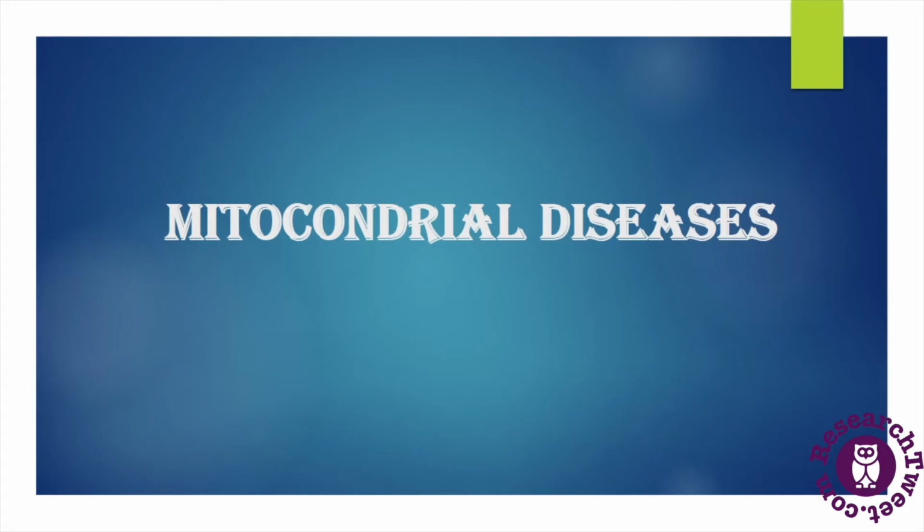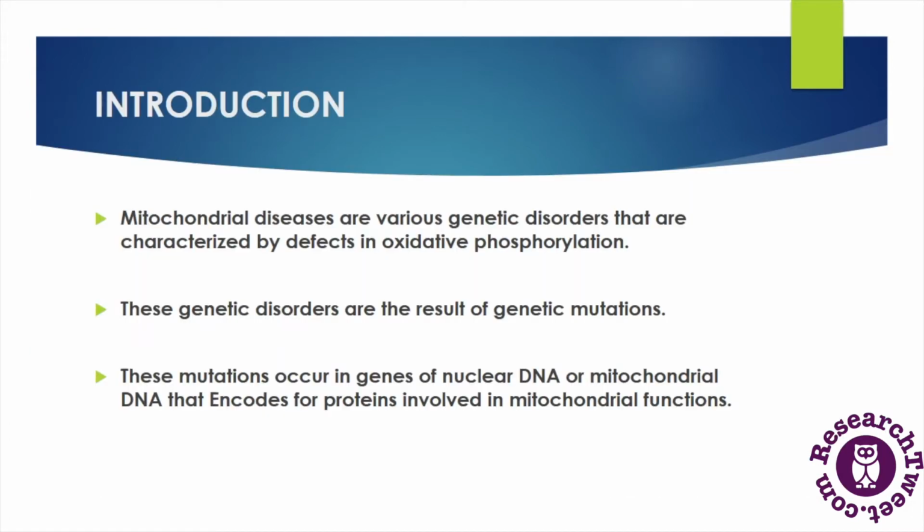So in this video lecture, we are going to discuss mitochondrial diseases. Let's start with some introductory part about mitochondrial diseases. Mitochondrial disorders are various genetic disorders characterized by defects in oxidative phosphorylation, because we know that the process of oxidative phosphorylation takes place in the mitochondria.